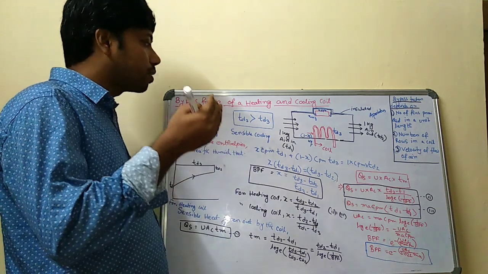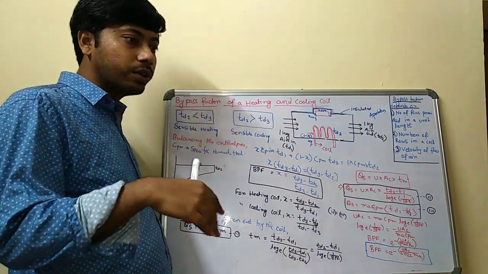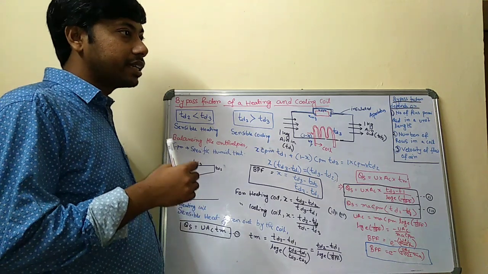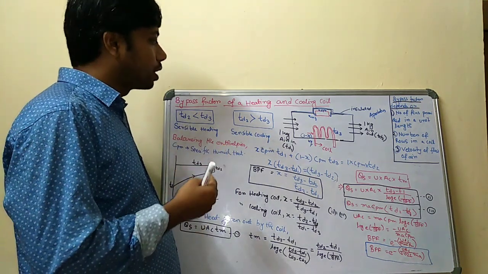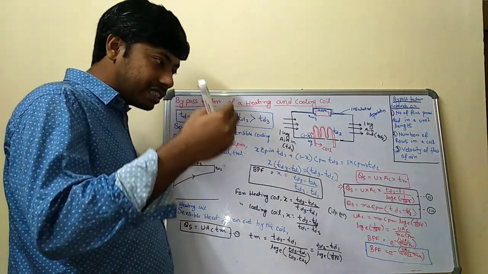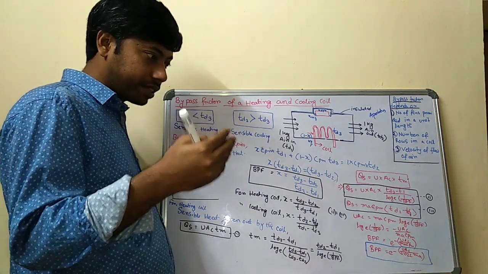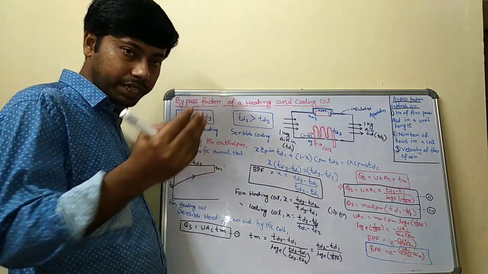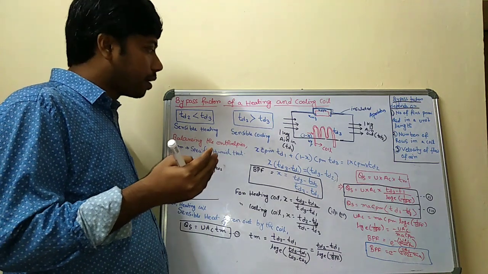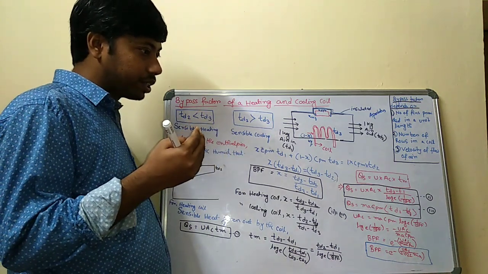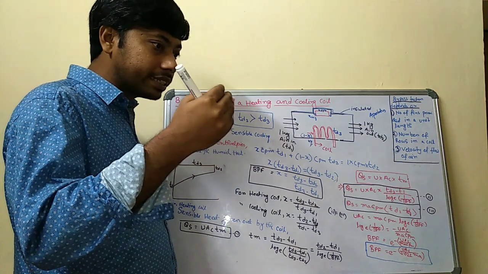But in case of the sensible cooling process, when there is a cooling coil, the dry bulb temperature at the exit section in the sensible cooling arrangement is basically greater than the temperature of the cooling coil.